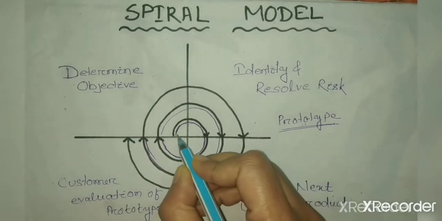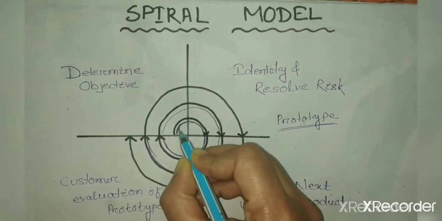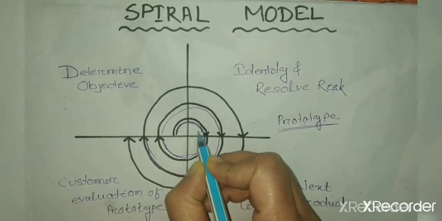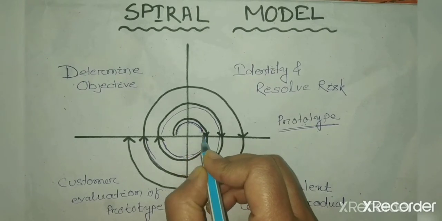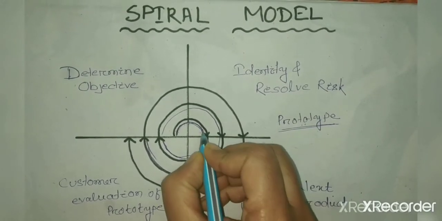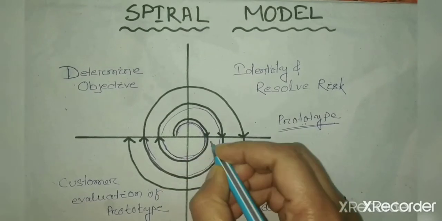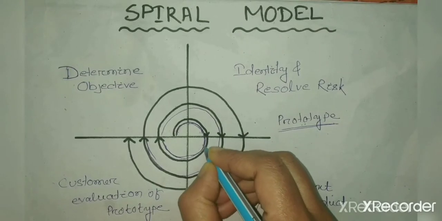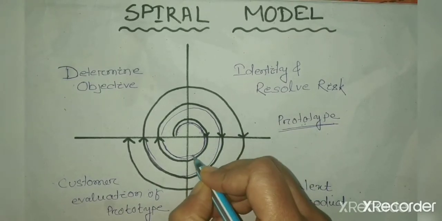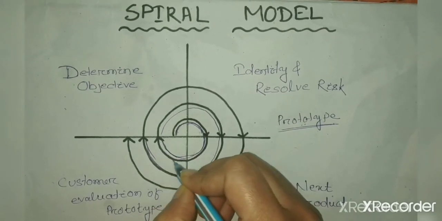So here, first it determines the objective and does the planning, then it identifies the risk of all solutions and takes the low risk solution to develop the prototype. Next, the developer develops the software in the third quadrant and gives it to the customer.